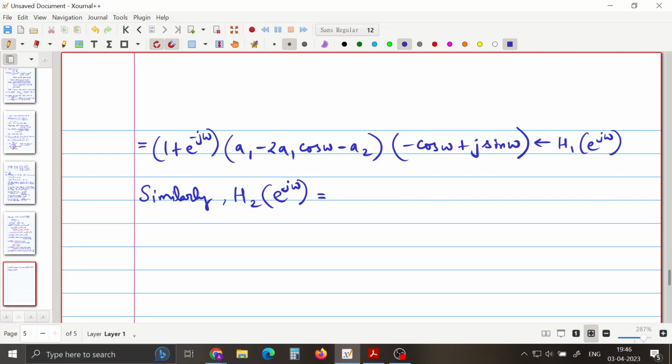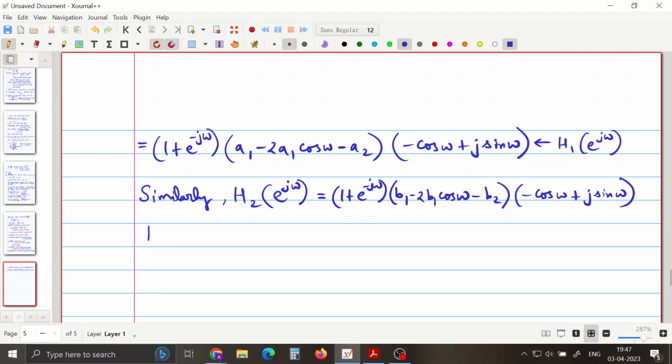It's just that we will have b1 instead of a1 and b2 instead of a2. That's it. Rest everything is the same.